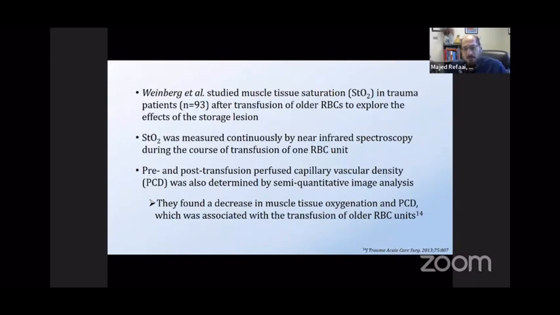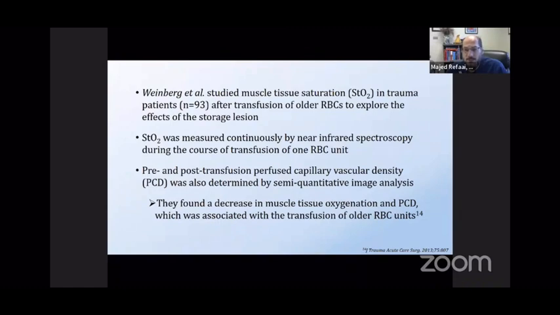Weinberg et al. also studied the muscle tissue saturation in trauma patients after transfusion of older red blood cells to explore the effect of the storage lesion. Saturation was measured continuously by near-infrared spectroscopy during the course of the transfusion of only 1 unit. Pre and post perfused capillary vascular density was also determined, and they found a decrease in muscle tissue oxygenation and perfused capillary vascular density, which was associated with the transfusion of older red blood cells.